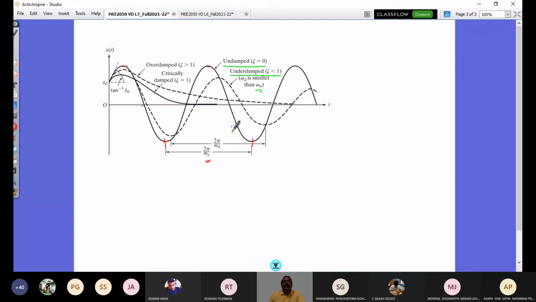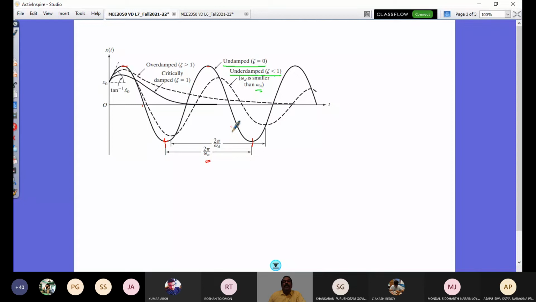This x of t is equal to e raised to minus zeta omega n t within bracket c1 cos omega d t plus c2 sin omega d t, or this will be e raised to minus zeta omega n t times cos of omega d t minus phi.